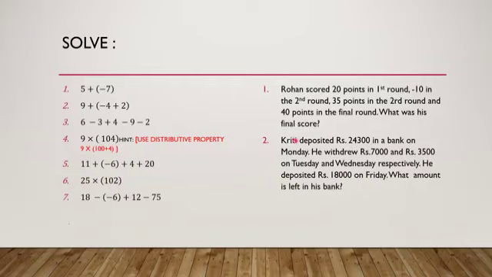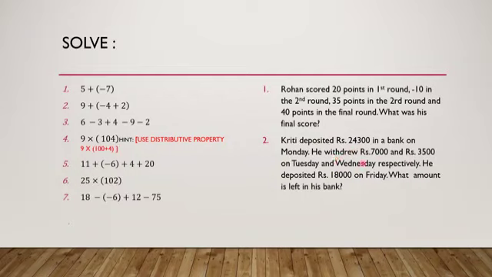Now question number 2: Kriti deposited rupees 24,300 in a bank on Monday. So there is a deposit of rupees 24,300 in the bank, and he withdrew rupees 7,000 and 3,500 on Tuesday and Wednesday respectively. That means with a deposit, the balance of your bank account is increasing.